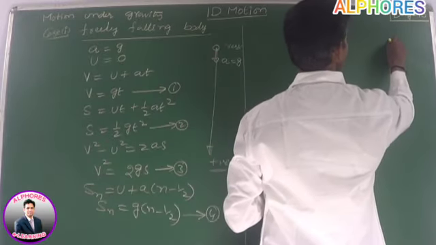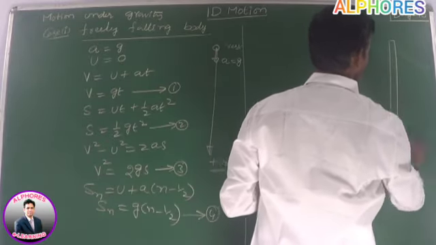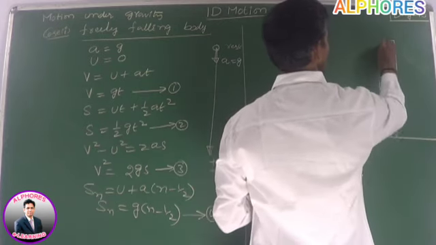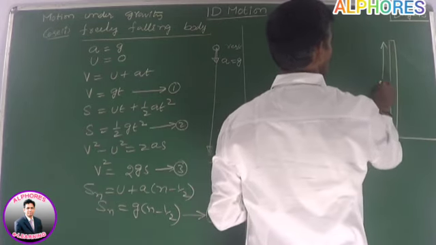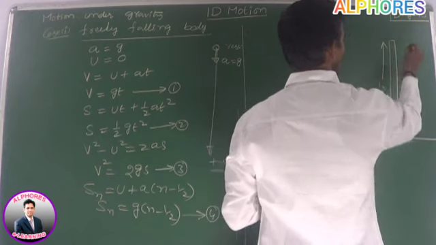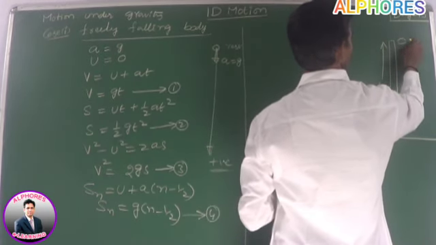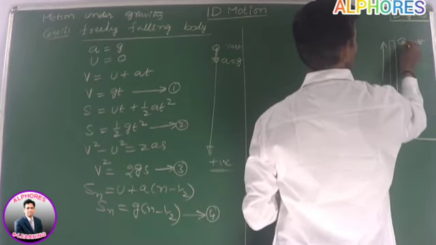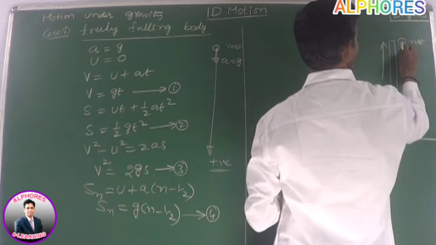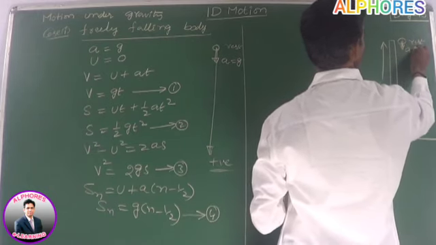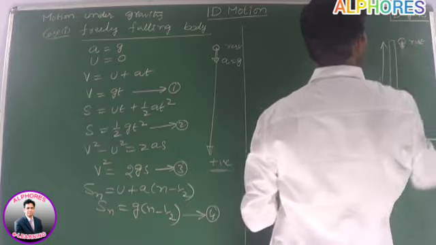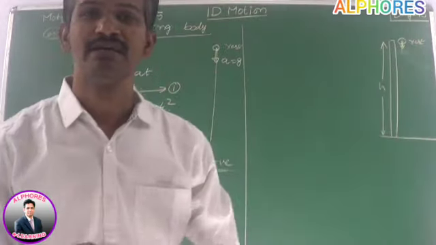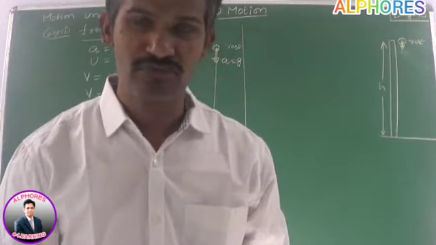Suppose it is a tower of height h. A body is dropped from this tower. So it has an acceleration vertically downwards. Its acceleration is g. So what is the velocity of the body when it reaches the bottom of the tower?